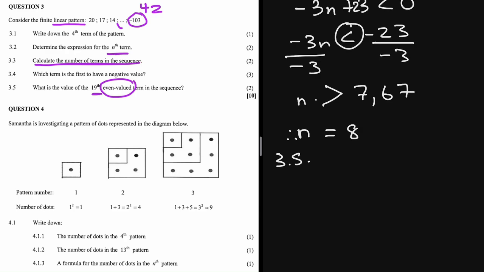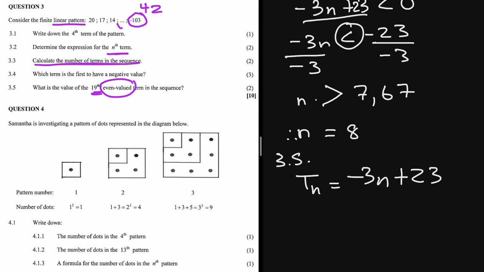I'm not sure if the 19th term will be even, but the question was the value of the 19th term. They gave us the value of n. We need to determine the value of Tn, or T19. Remember, the general solution is negative 3n plus 23, if I'm not mistaken.